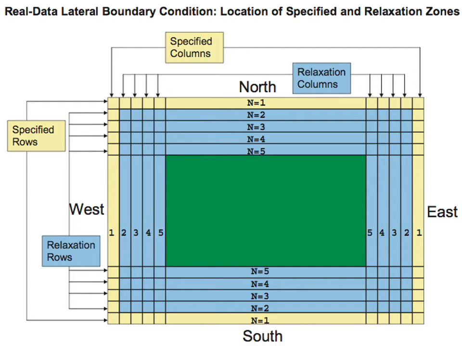So a pure forecast region in this domain would be in the green area. A relaxation zone between the simulation that's going on and the large-scale forcing from the National Center model is depicted in blue, and the specified zone, which is strictly from the large-scale data, is depicted in yellow. The user can specify how wide the relaxation zone is.